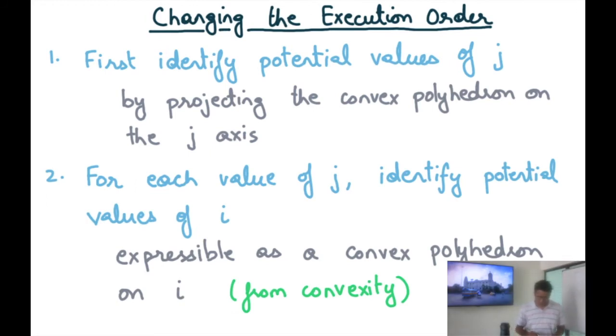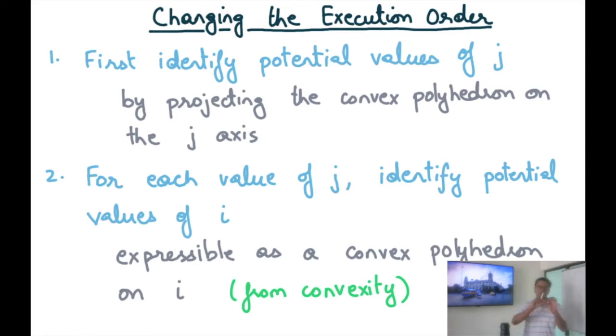I'm going to first identify all the potential values of J. This is done by projecting the convex polyhedron on the J axis, just like we discussed in the figure in the previous slide. We just project the convex polyhedron on the J axis to see where it casts the shadow, so to say. In other words, what are all the values of J for which the convex polyhedron has a non-zero set of points. And then for each value of J, identify potential values of I.